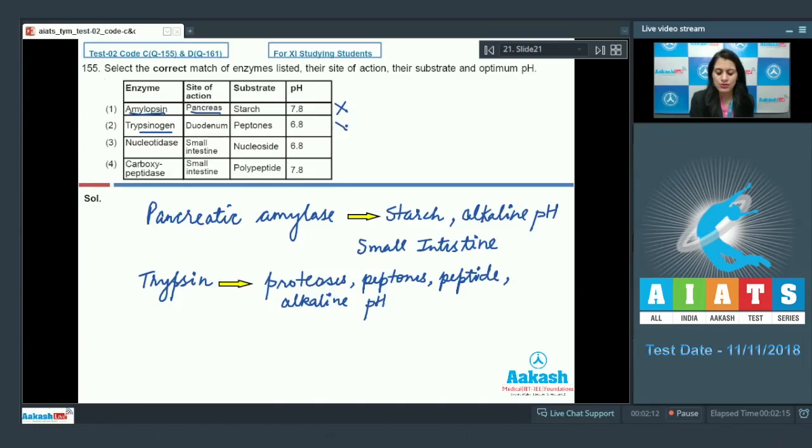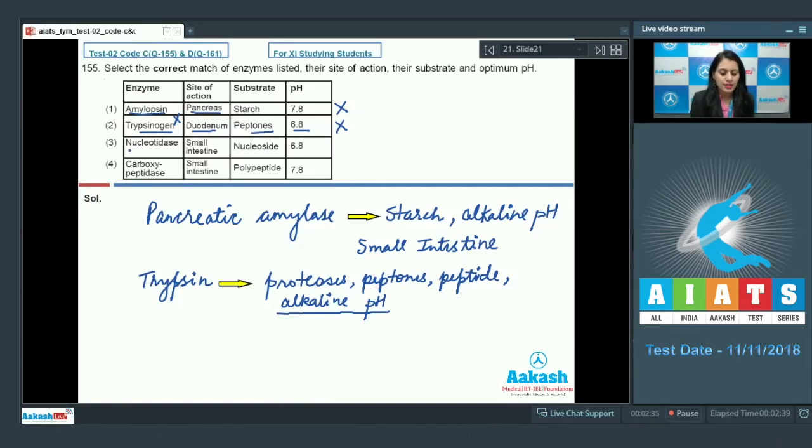So option number 2 is also incorrect because trypsinogen is an inactive form. Although the site of action is duodenum and it will act upon peptones, the pH is not optimum for its activity. It acts at alkaline pH.